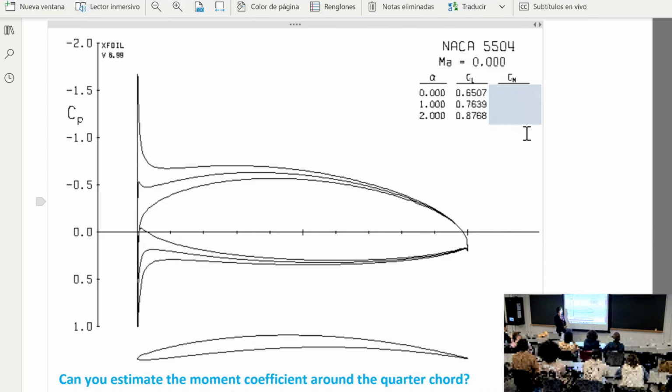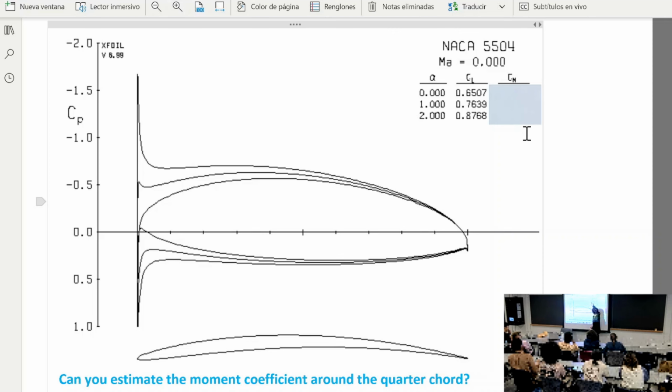A smarter way is to use thin airfoil theory and the fact that for a parabolic shaped airfoil, the lift acts exactly over here. At a 0-degree angle of attack, the lift acts exactly over here.